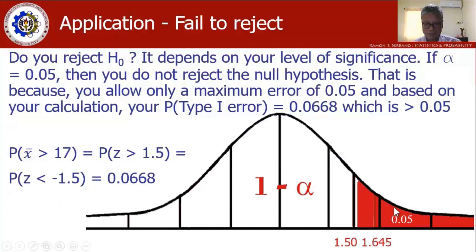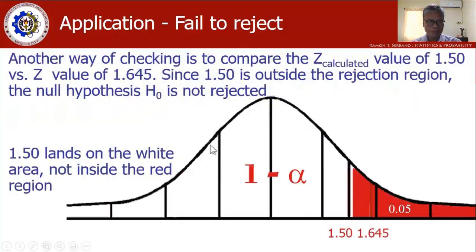If you look at the values, at 5% on the right, you will have a 1.645 as your tabular value, based on the table. That's why I call it tabular value of 1.645. But the one that you calculated is only 1.5. So your 1.5 is left of 1.645. That is the other way of checking whether you are going to reject or not. Compare the calculated.